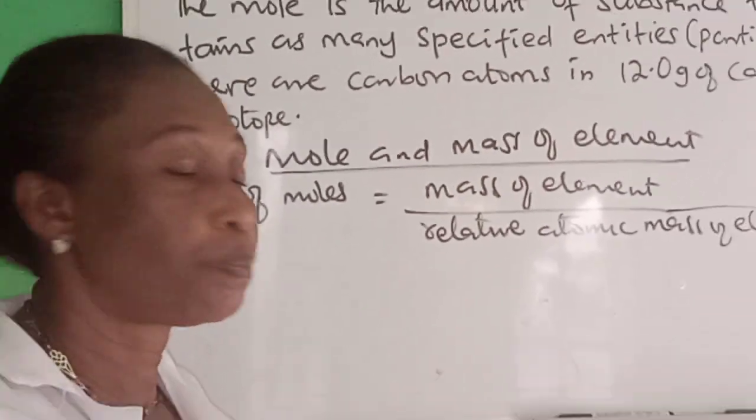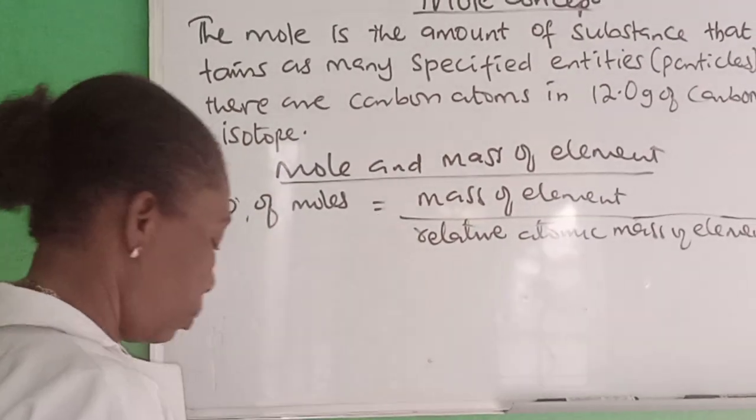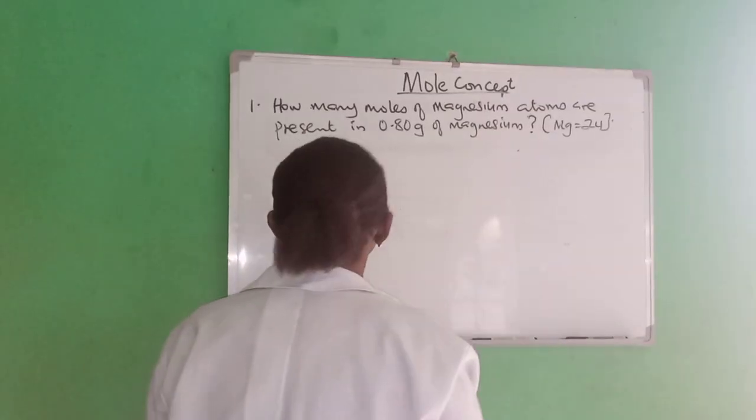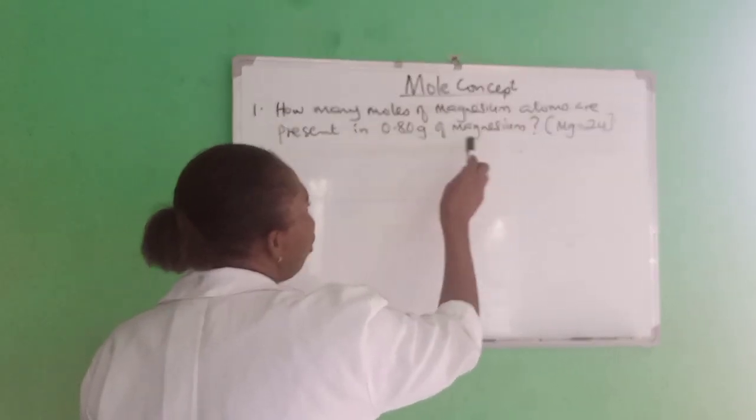Let's take a problem. Number 1. How many moles of magnesium atoms are present in 0.80 gram of magnesium?